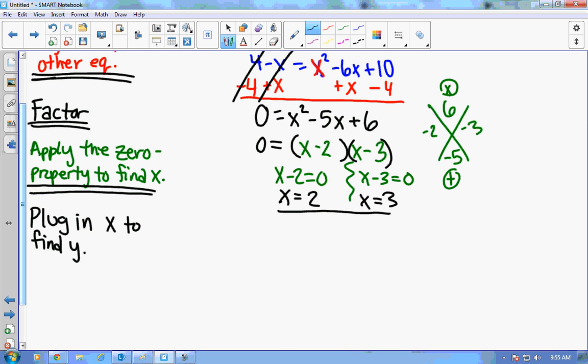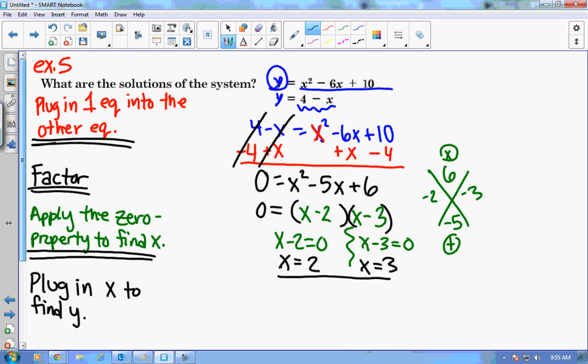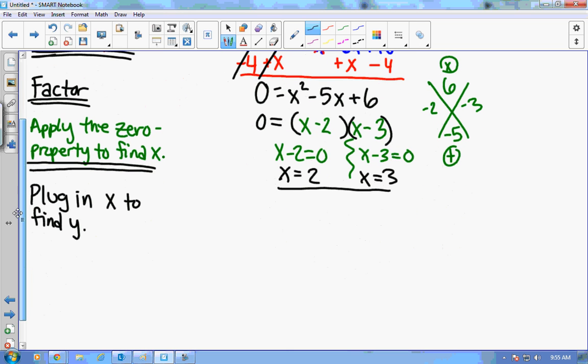Now, you can plug it into either one of the equations. Is there an easier equation that looks a little less complicated? 4 minus x. Yeah, that one at the bottom. So y equals 4 minus x. I'm going to use that guy. And my x is now going to be 2. 4 minus 2 is 2.